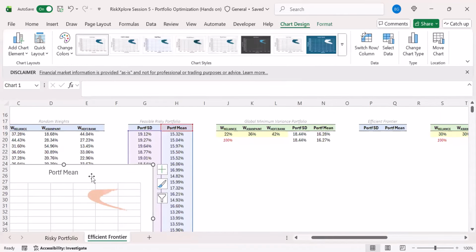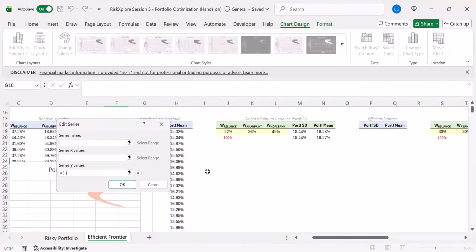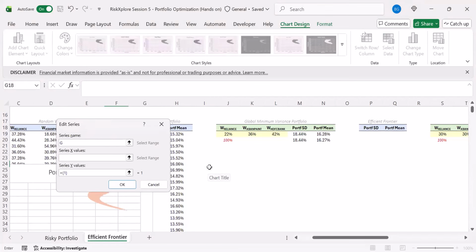So let's select this chart, Select Data, Add, and name this GMVP. The X value will be this value, and on the Y axis we will have this value here.